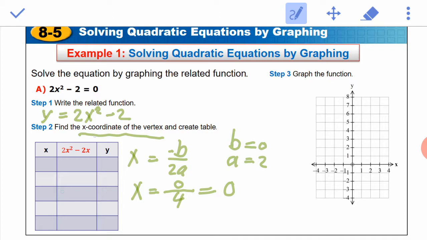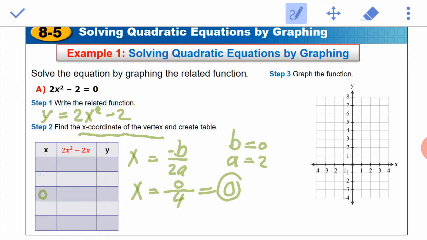So I'm going to create a table of values: the left column for x values, the right column for y values or the output values, and the middle column for the function itself, for the substitution if you are going to do substitution mentally. Guys, we place this 0 in the middle of that table. I advise my students to create 5 rows, or choose 5 x values, and we place the x coordinate of the vertex, which is 0, in the middle.